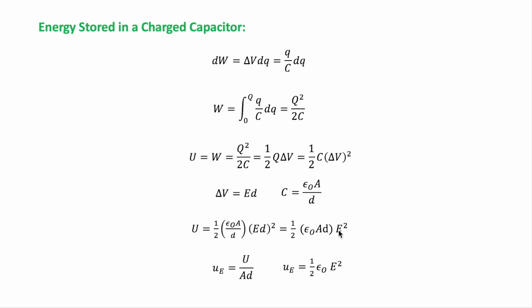So the volume of the space between the plates is equal to A d, and so the energy per unit volume stored in the space between the plates, or in that electric field, is given by U over A d. Okay, and this gives an energy density equal to half epsilon naught E squared. And this expression for energy density is not only valid for a capacitor, but represents the energy density in any electric field, okay?